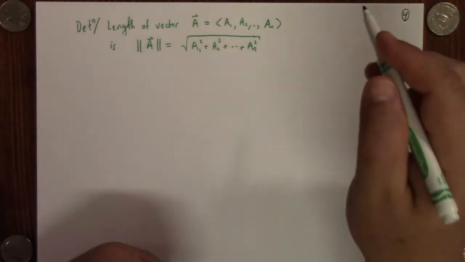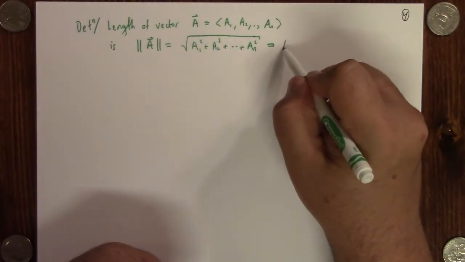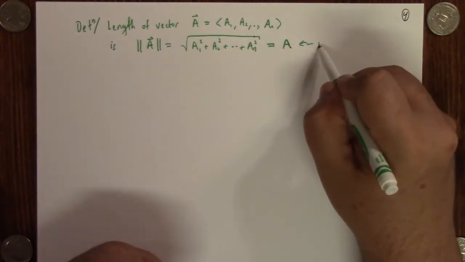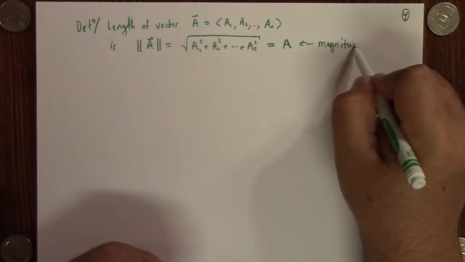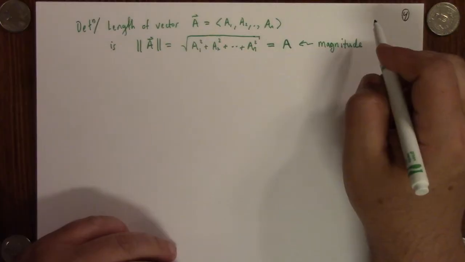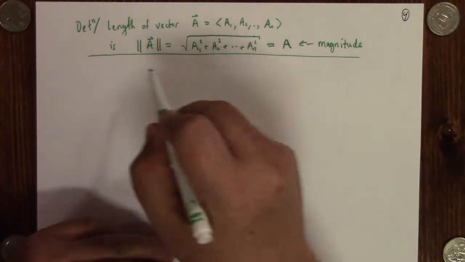Now we also use the notation A without the vector bars for the length. This is the so-called magnitude. So magnitude and length of a vector are the same. This also brings us to another definition.